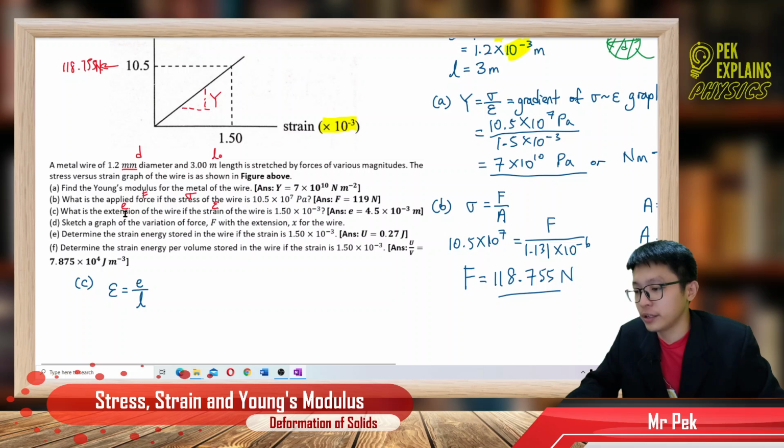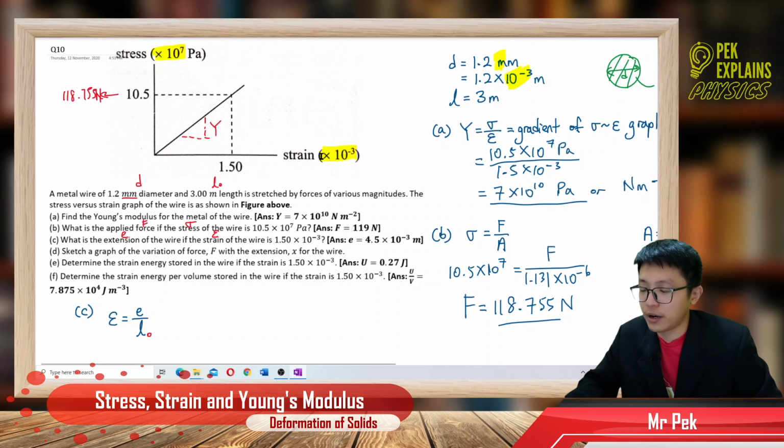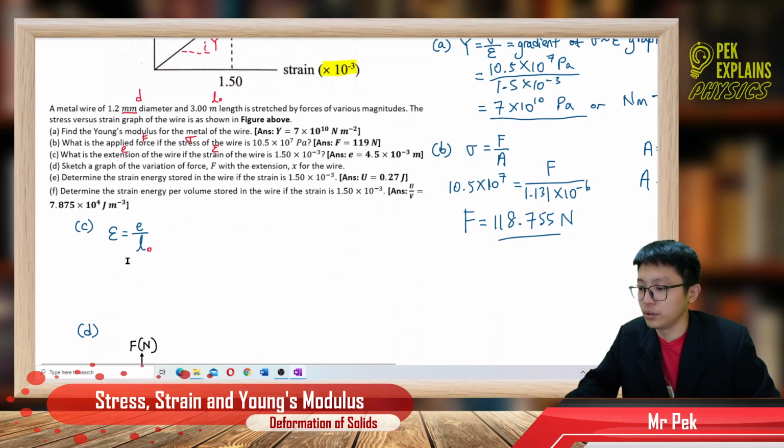Under this strain, 1.5 exponent negative 3, what is the extension of the wire? You just use the formula strain equals elongation over original length. This is the original length, and I have the strain 1.5 exponent negative 3. So just substitute inside.